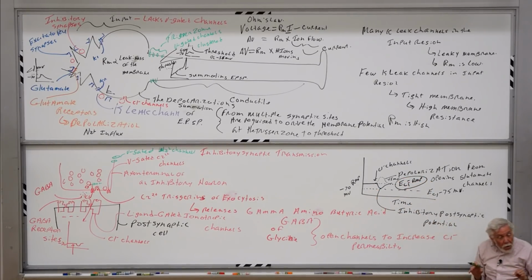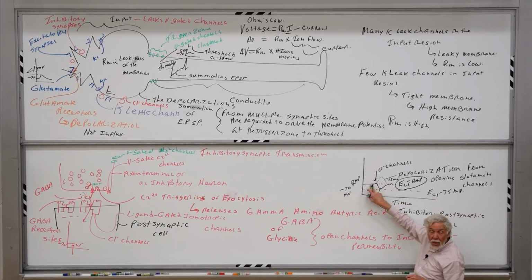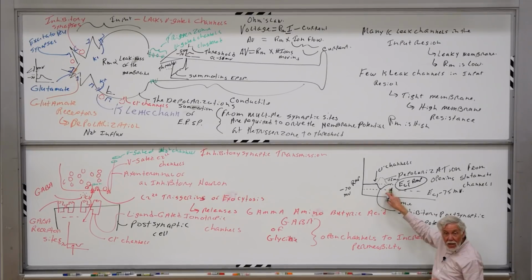Remember that by opening these chloride channels, the membrane potential seeks the equilibrium potential for the ion whose permeability is dominant. Now, the equilibrium potential is the same as the resting membrane potential. So how is that inhibitory?